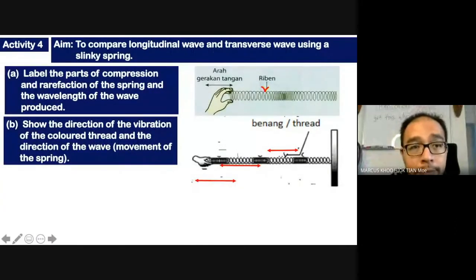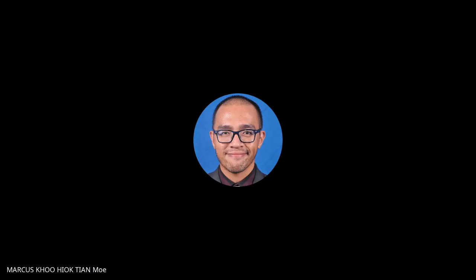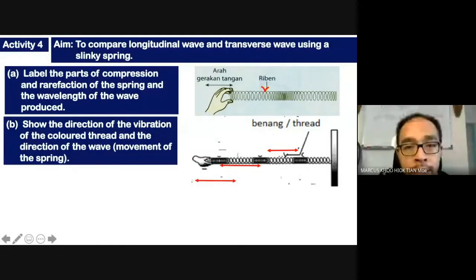So let's label the parts of compression and rarefaction of the spring and the wavelength of the wave produced. When the wave is propagating on a slinky spring, you are going to find these moments where it is loose and where it is tight.